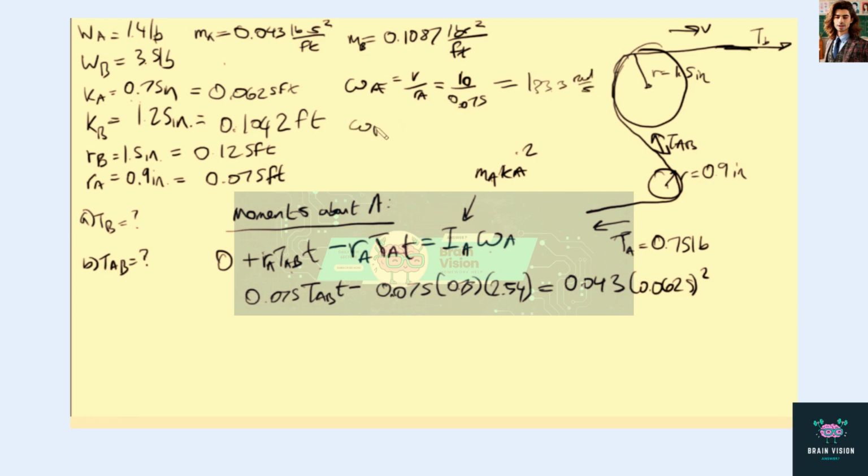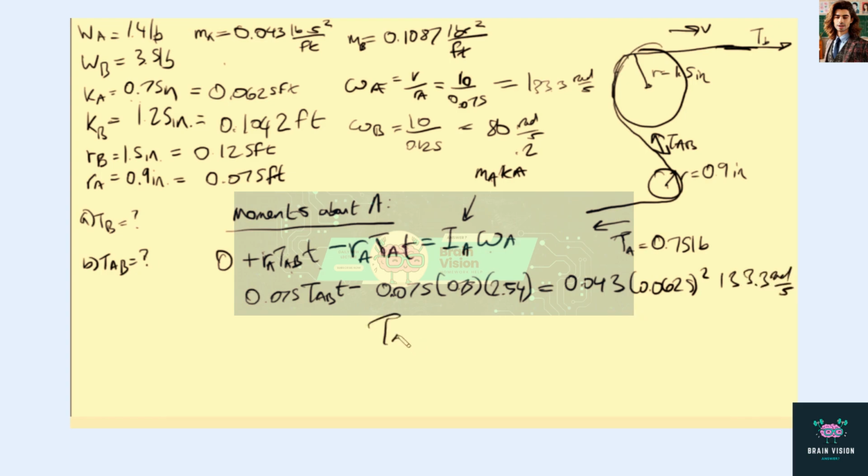Okay, so omega B can be found using the same process. It's going to be V, which is 10, divided by RB, which is 0.125. So that gives us an omega B of 80 radians per second. Down here, we have an omega A of 133.3 radians per second.